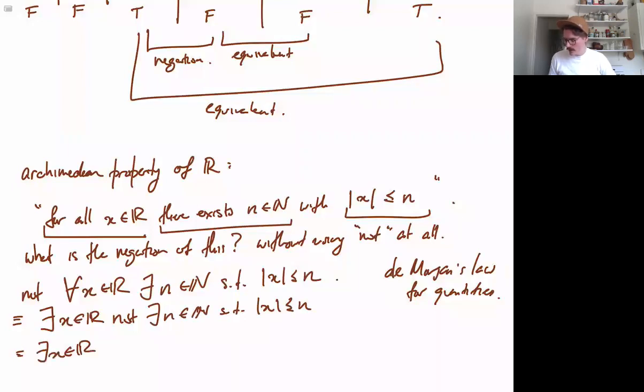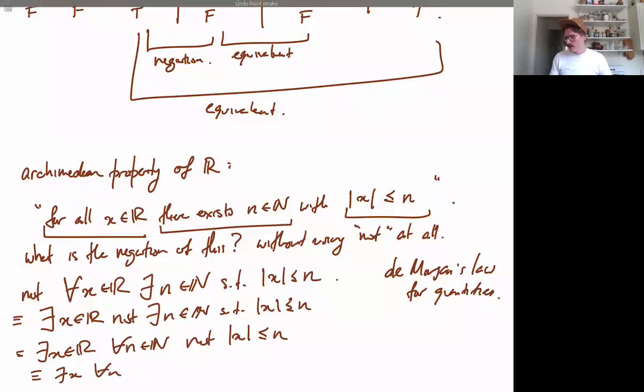So that was just passing it through the first one. We can then pass it through the second one as well, in the same way. So there exists x in R, such that for all n in N, not absolute value of x less than or equal to n.